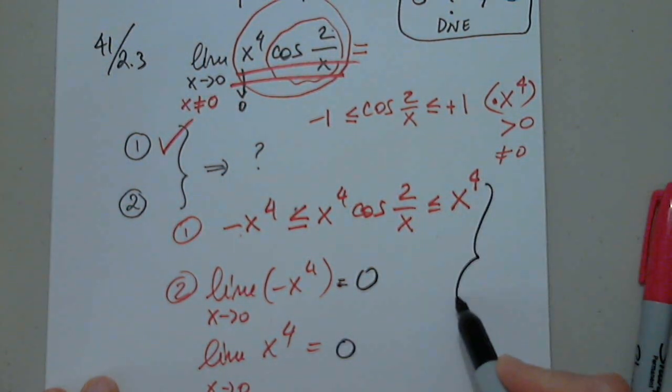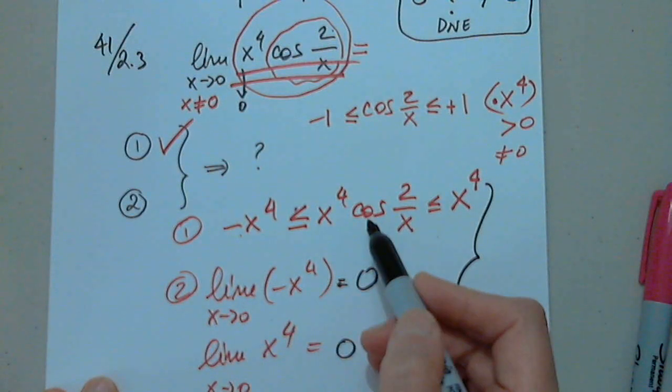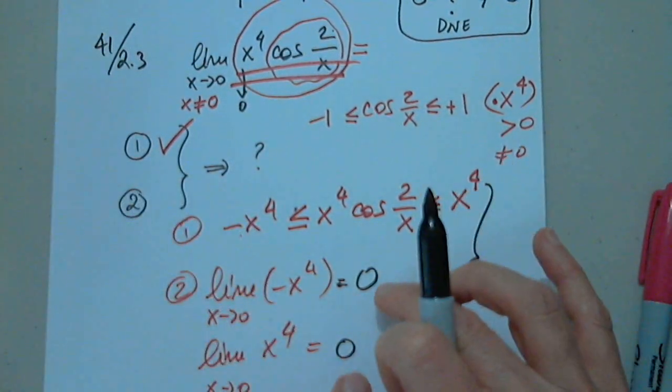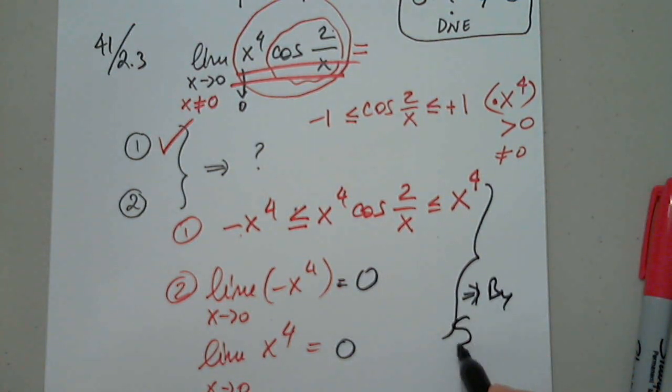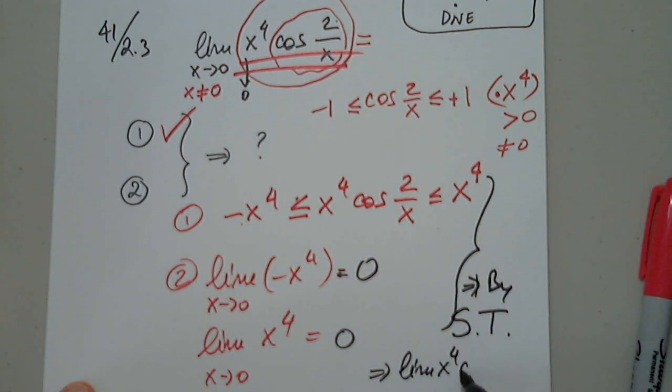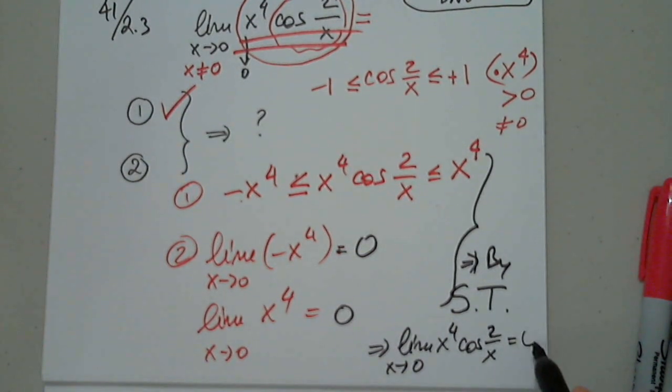So then I will say from 1 and 2, squeezed, and these two limits exist and they are the same, by the squeeze theorem, what do I conclude about the limit of x to the 4th cosine 2 over x as x approaches 0 from either side? It is 0.